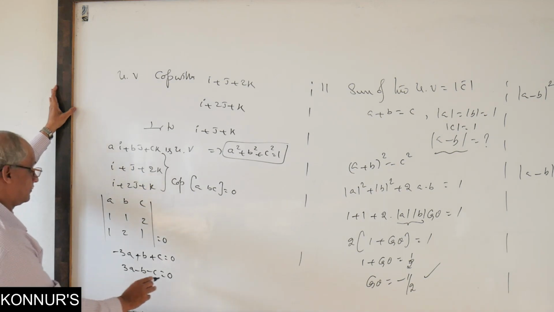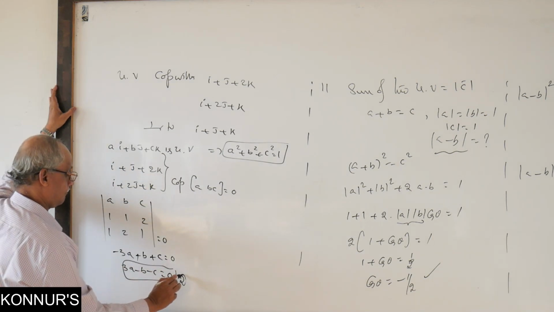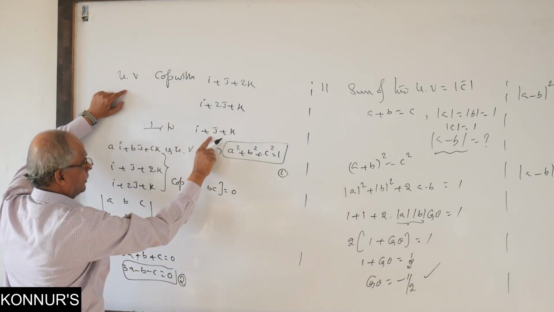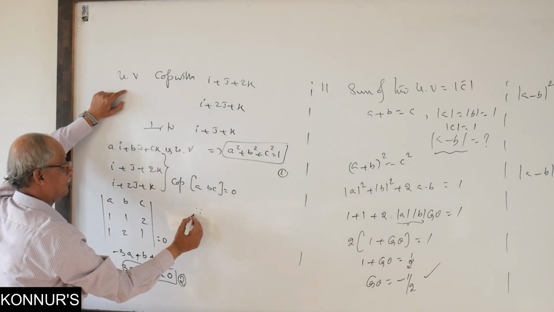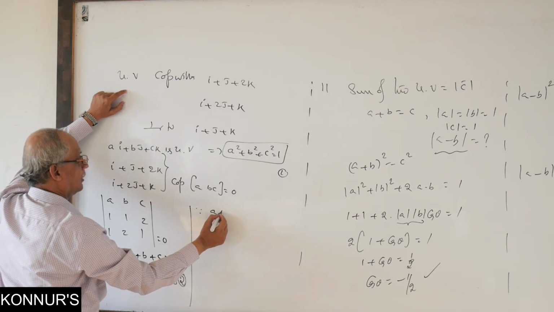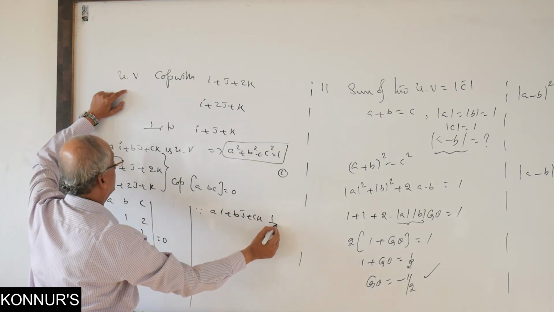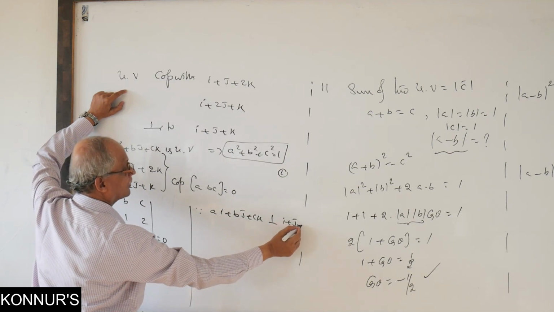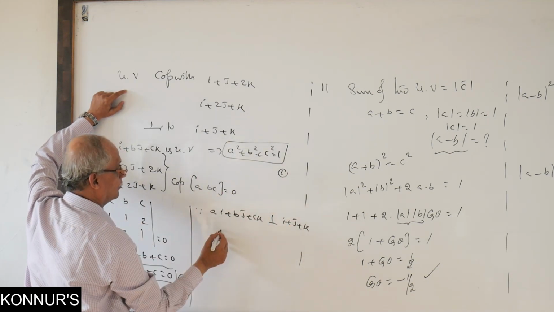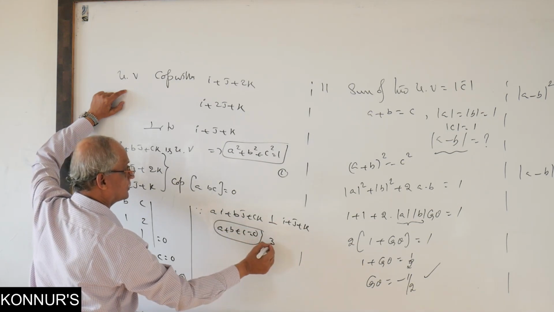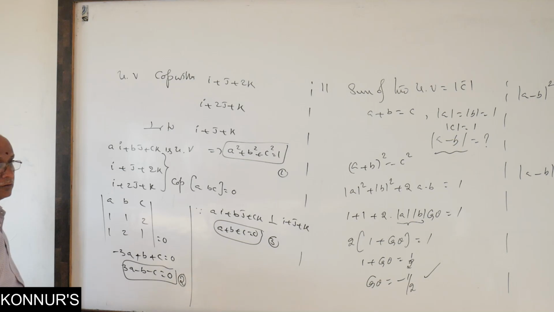Second relation. This vector a i plus b j plus c k is perpendicular to i plus j plus k, so the dot product is 0: a plus b plus c is 0. All three relations, three unknowns, are compatible.